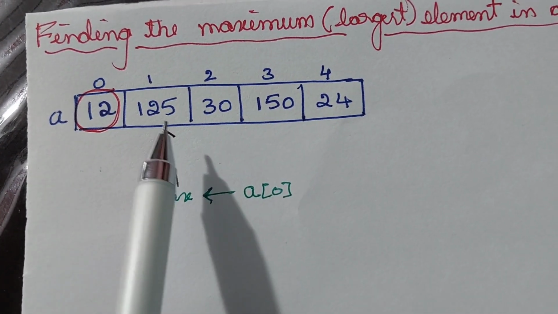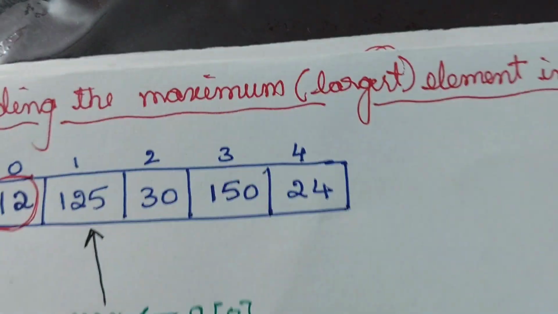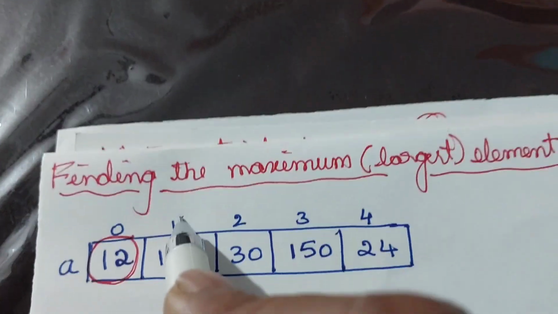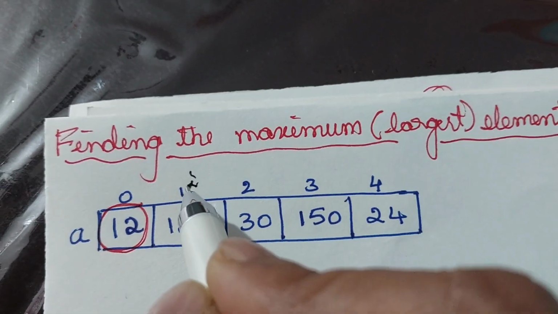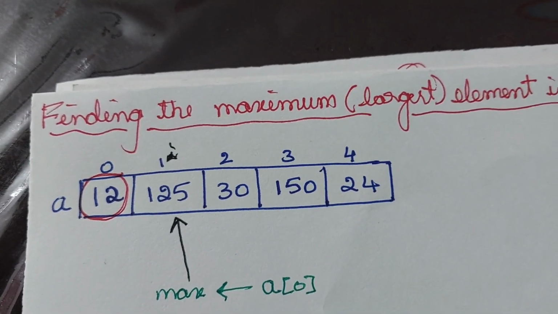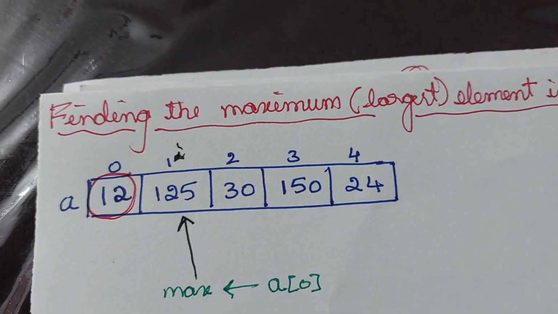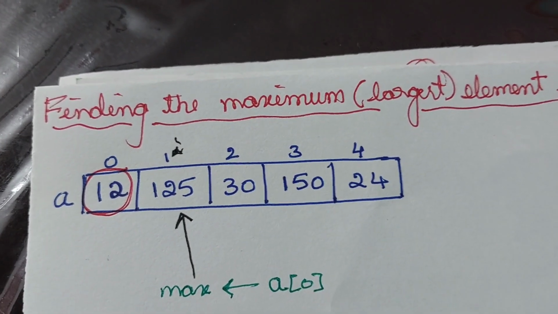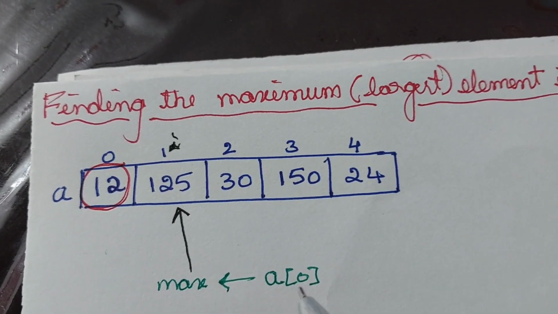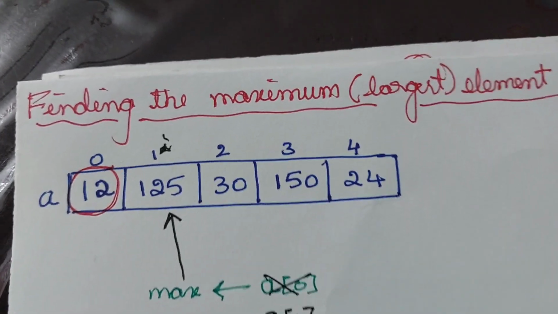Whenever we are taking an array, we have to take an index, so I am taking it as i. Now i is equal to 1. Is a of 1 greater than max? In this case, yes. That means the maximum is not a of 0, the maximum is a of 1. So I will change the maximum to a of 1.